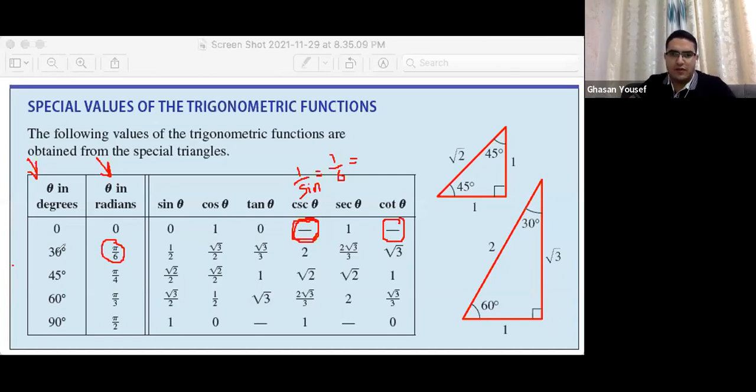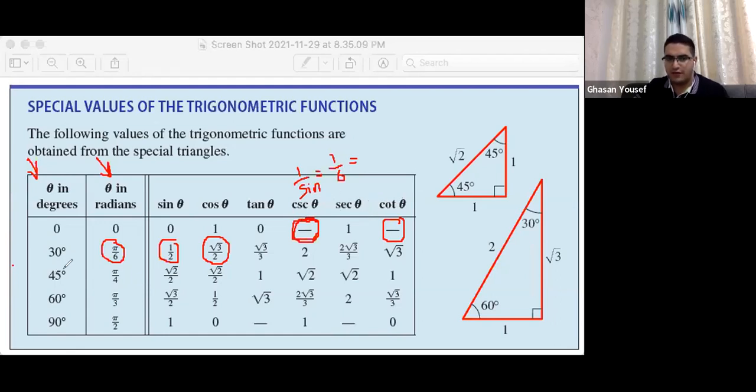Okay. Now for 30, the sine of 30 is 1/2. And the cosine of 30 is the square root of 3 over 2. And the tan of 30, dividing the sine over the cosine, will give me the square root of 3 over 3. And the same thing for the cosecant, the secant and the cotan: all of them are the reciprocals.